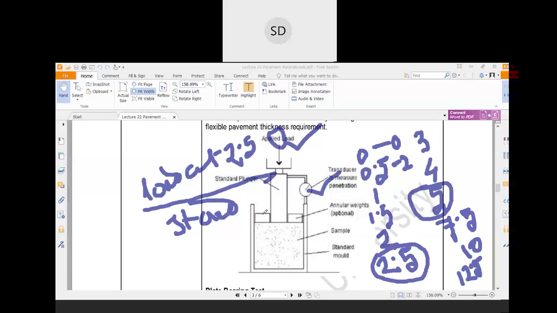Like that, that is your CBR value: either load at 2.5 penetration divided by standard load, or load at 5 penetration divided by standard load. Among these, whichever is the larger value will be your CBR value.